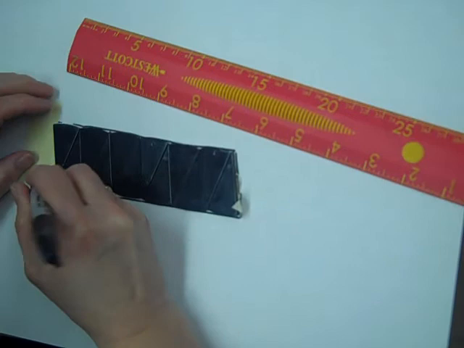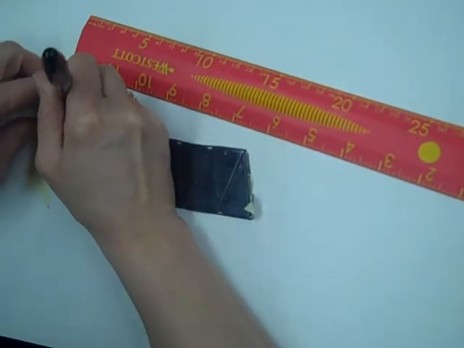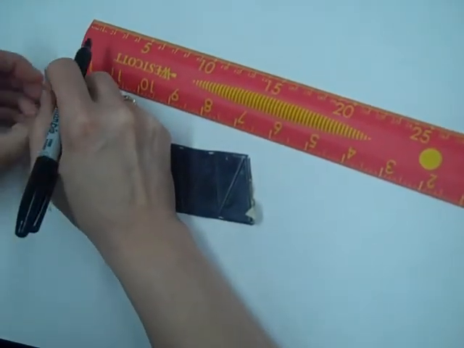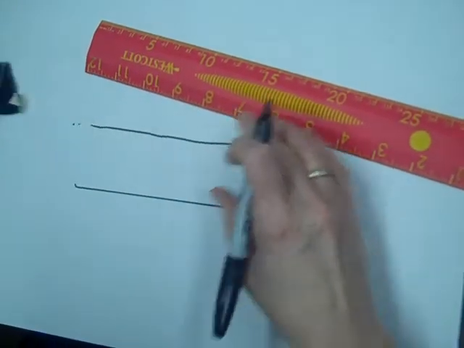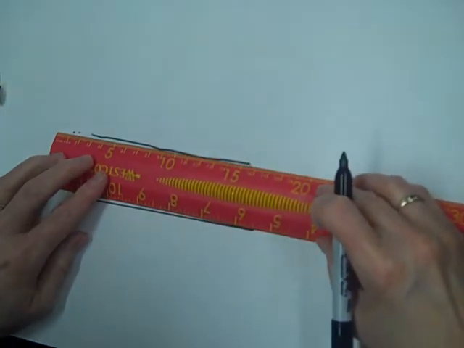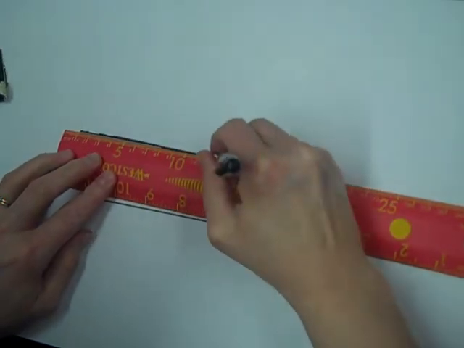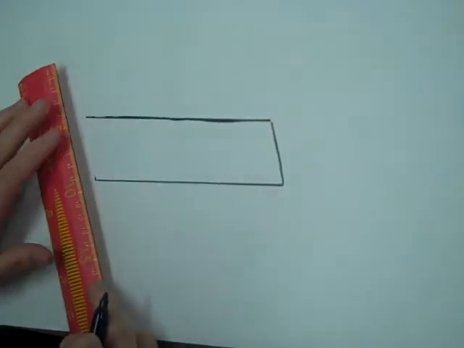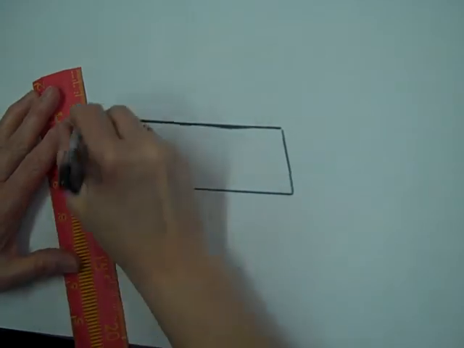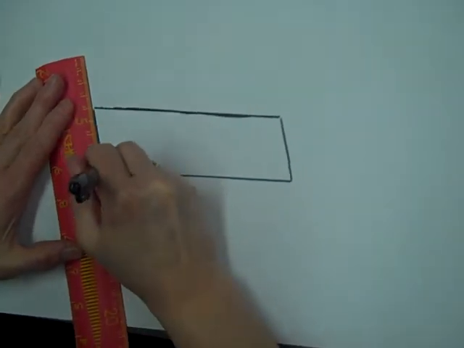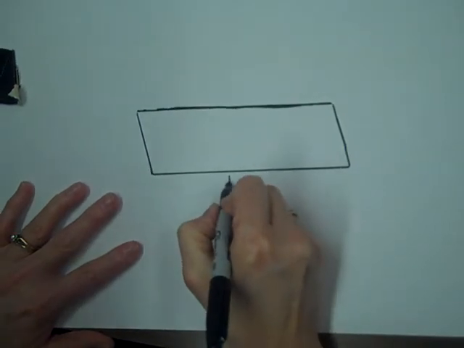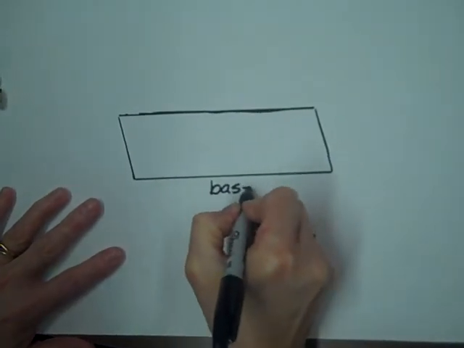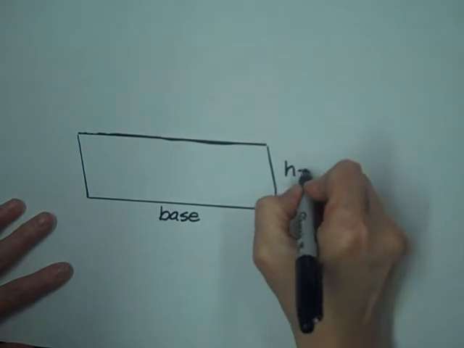And maybe I'll just put a mark here. Straighten these out a little bit. Now we can see this is base times height.